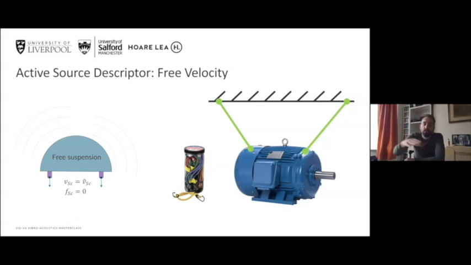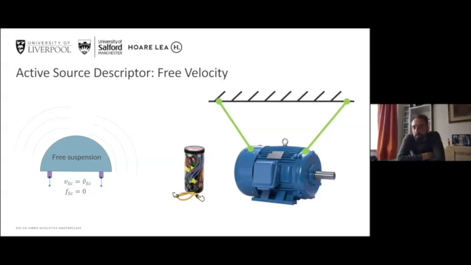You want the natural frequency of the mass of the machine on the stiffness of the bungee cords or support to be as low as possible, because above that free mass-spring resonance of the system, that's when your system is actually truly free and you get a proper measure of the free velocity. So basically you want something really, really soft to support it, but that doesn't lend itself to all sorts of machinery. For example, a motor like this, you'd probably get away with it.